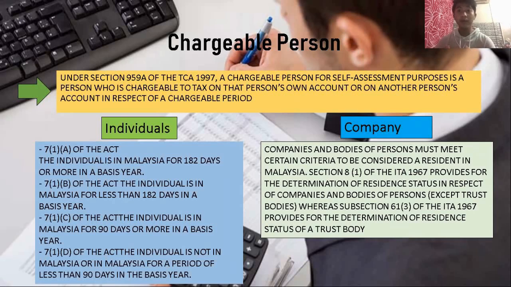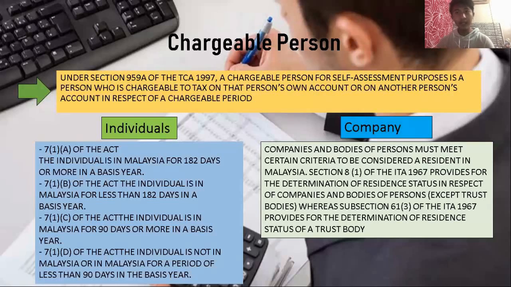The second one is 7(1)(b) of the Act: the individual is in Malaysia for less than 182 days in a basis year. The third one is section 7(1)(c) of the Act: the individual is in Malaysia for 90 days or more in a basis year. The last one is 7(1)(d) of the Act: the individual is not in Malaysia or is in Malaysia for a period of less than 90 days in the basis year.